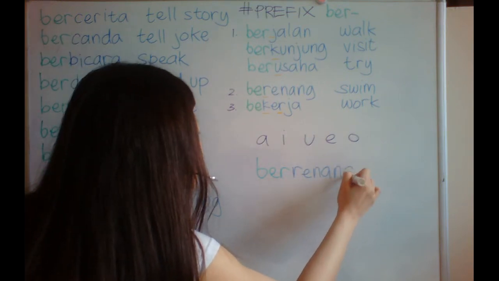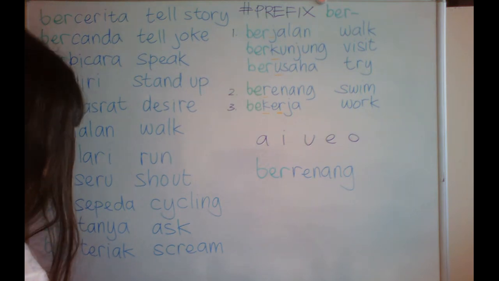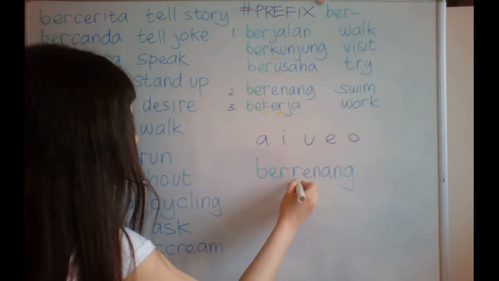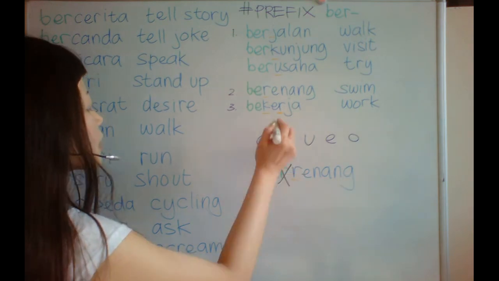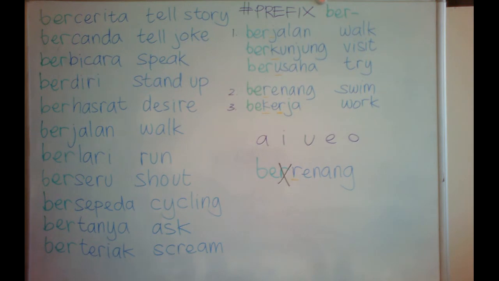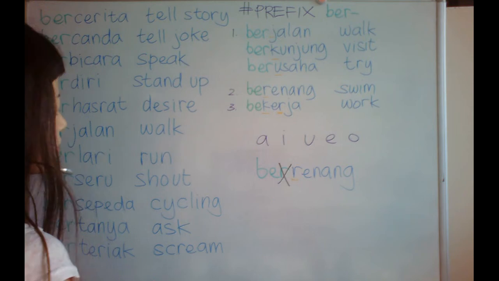This renang is the base word. It started with R. It cannot be like this, so the R disappears. It becomes be. Berenang. Swim.